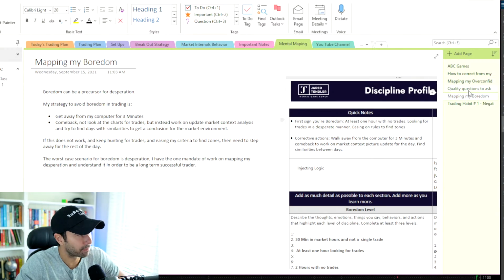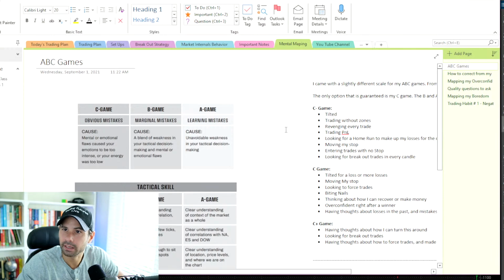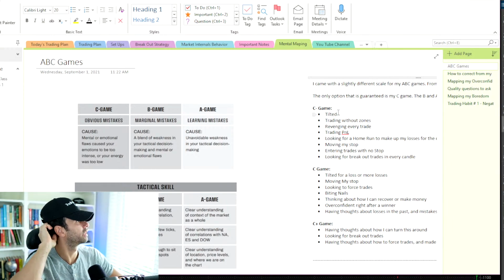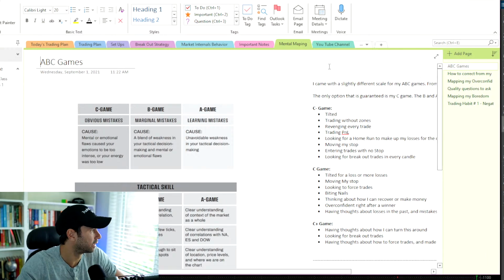How do you map your psychology during trading? The book is called The Mental Game of Trading by Jared Tendler, and I started to use his techniques. When I was working with him, he was not very involved in trading, so sometimes I had to explain to him my perception, how I was late to trades, and so on.